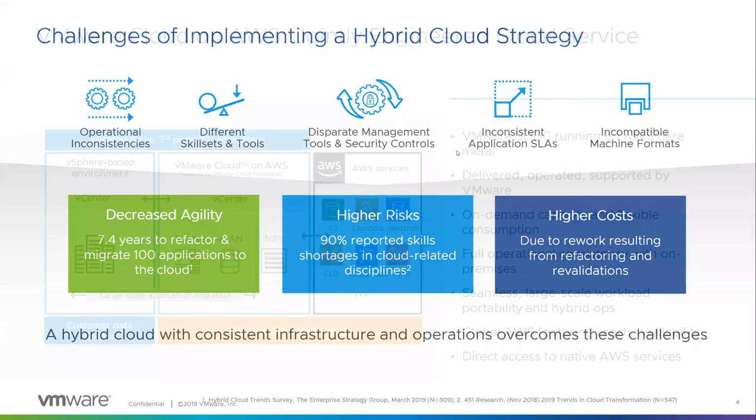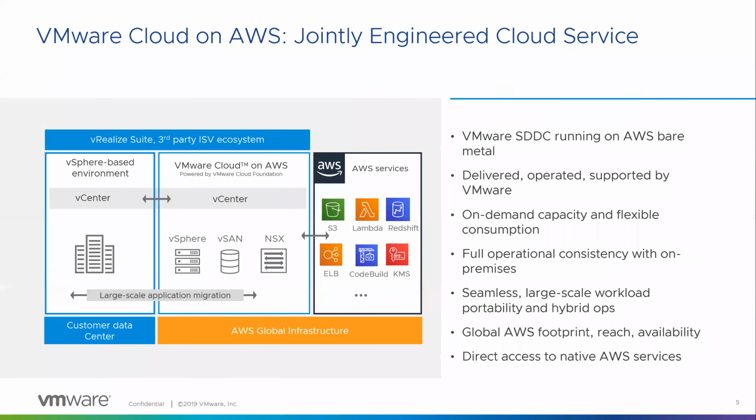So what we've done is we've actually brought something to bear with VMware Cloud on AWS. It's a jointly engineered service where we take VMware Cloud Foundation and all the great stuff that you're running in your data center today, and we build a consistent environment in and on the AWS hardware. So their platform is consistent.